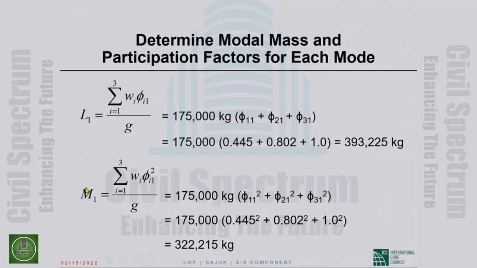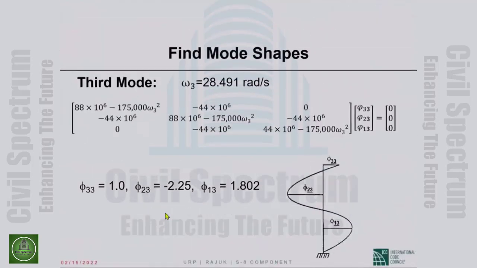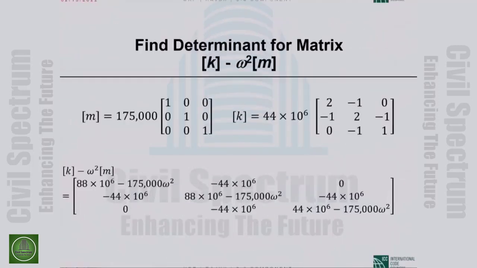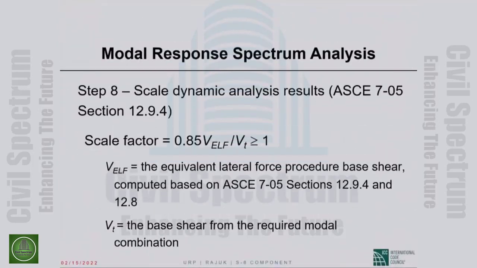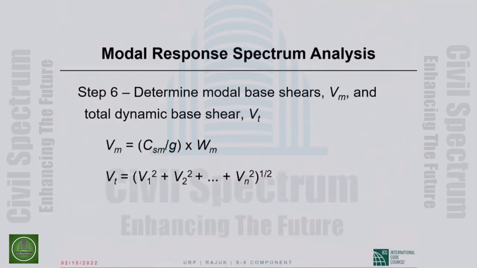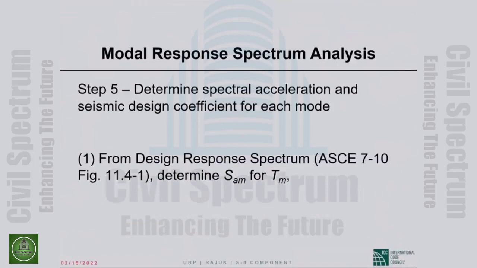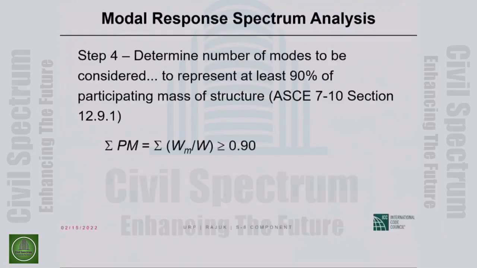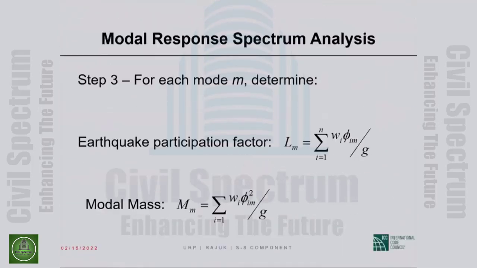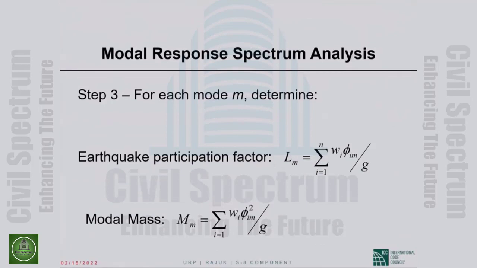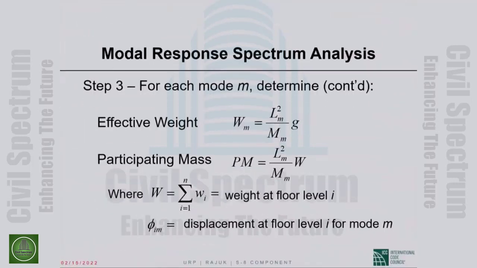Now, the problem with skipping the steps is I don't remember the names of these quantities. The L's are called earthquake participation factor and the M's are modal mass. Okay, earthquake participation factor, I can never remember that, and modal mass.